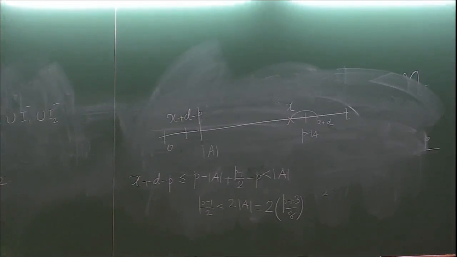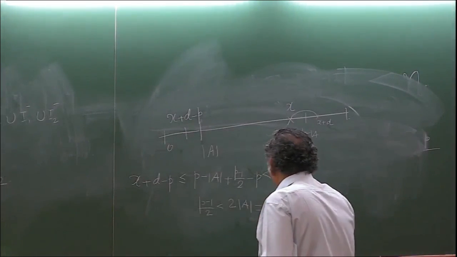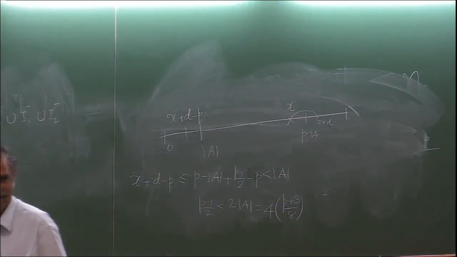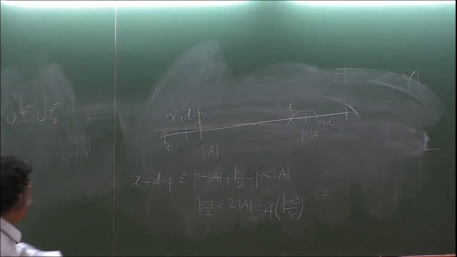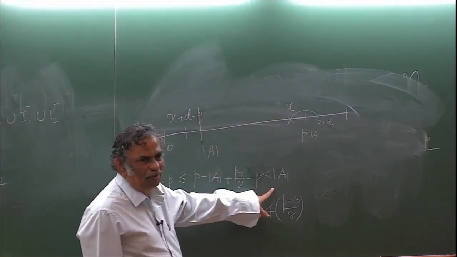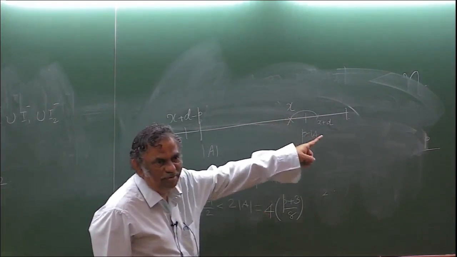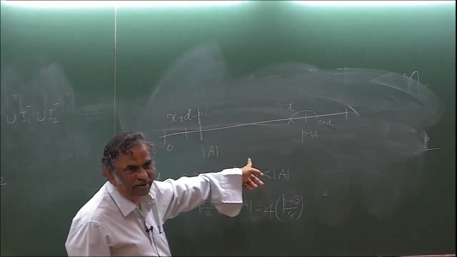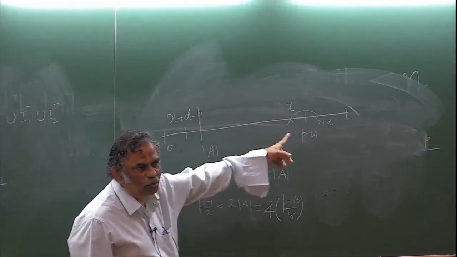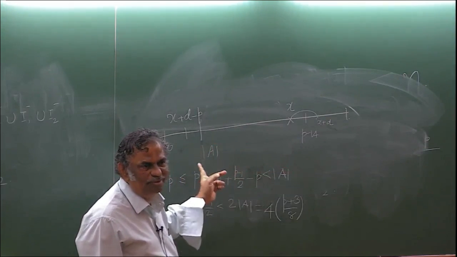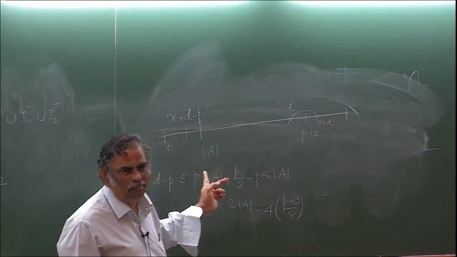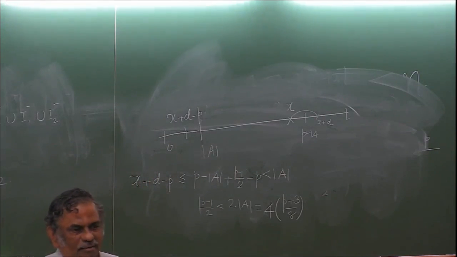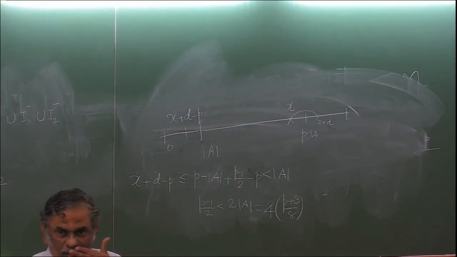Yes, that's the cardinality. Okay, sorry. And that is true, and therefore this is true, which means that in the second move, it goes there and comes back, and it is still to the left of A. It would not have entered the interval. Therefore I have produced one element which is outside this interval, and consequently there is no dilation which lies in the interval from cardinality of A to p minus cardinality of A.